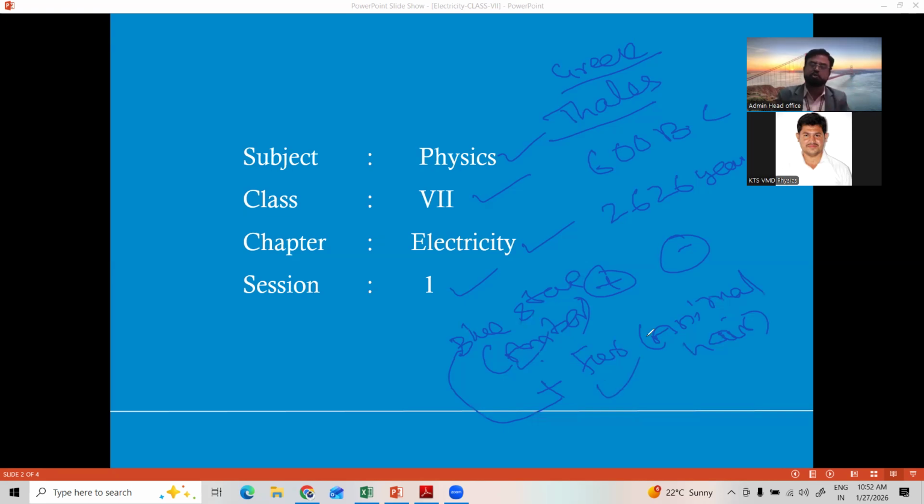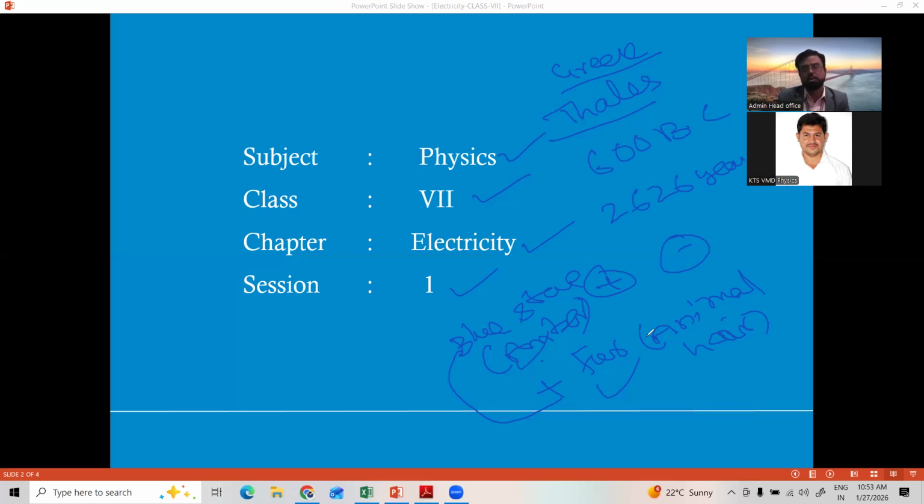Later they tried so many things: iron rod, glass rod, ebonite rod, cat skin, whatever was available. Finally they observed that because of friction, because of rubbing, two bodies attain opposite charges, named positive charge and negative charge. Why? Because when they are rubbed, free electrons from one body move to the other.